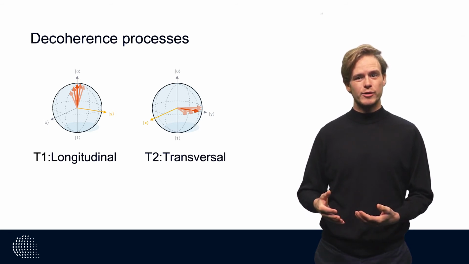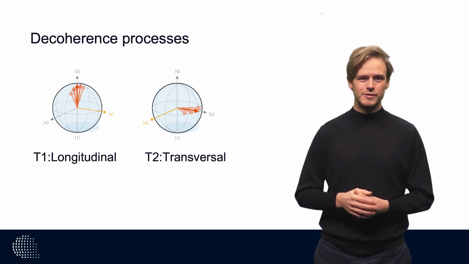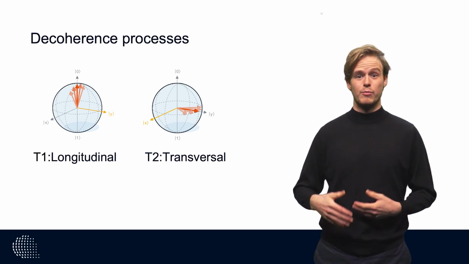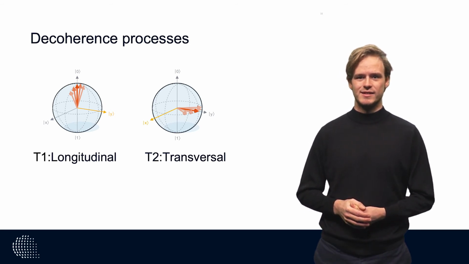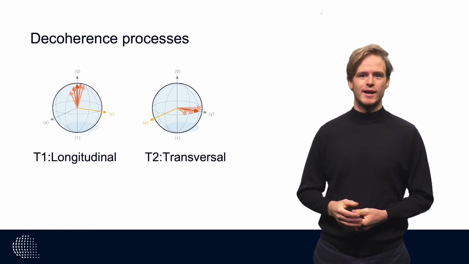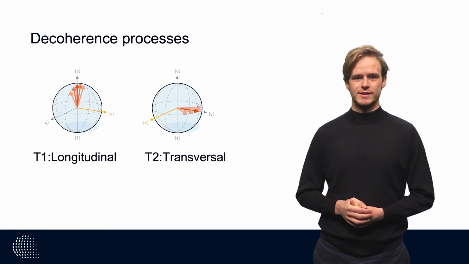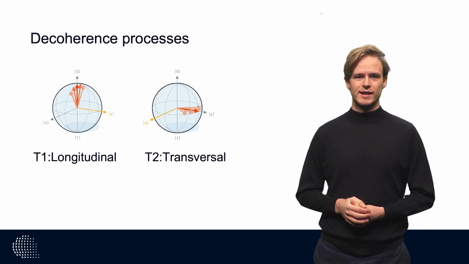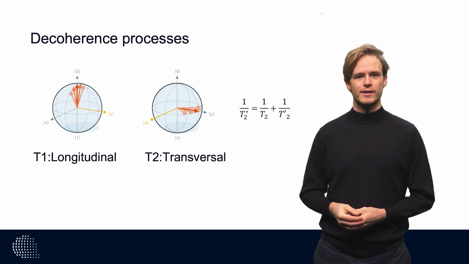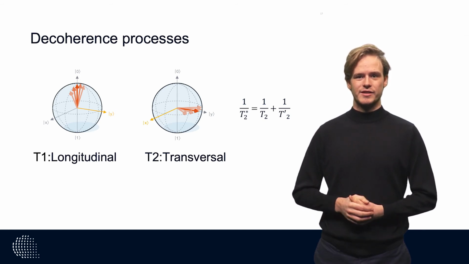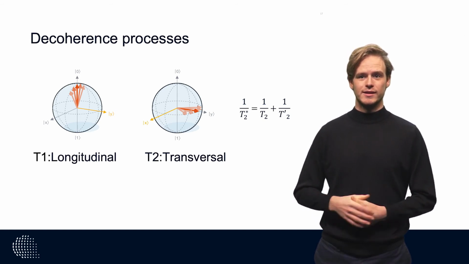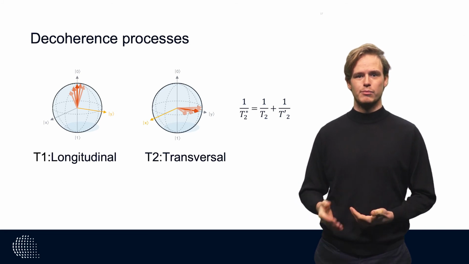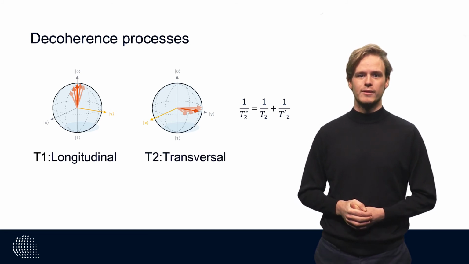Now for the decoherence processes, what we observe is always a combination of both static inhomogeneities from the environment, which we call T2', and transverse spin dephasing, T2. And then the aggregate of these two is called T2 star. And it satisfies the relation 1 over T2 star equals 1 over T2 plus 1 over T2'.